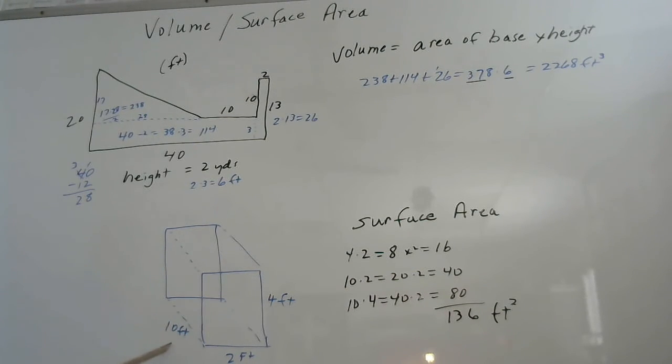Then I went 10 times 2, which is my top and my bottom, which is 20 times 2, which is 40. Then I went 4 times 10, which is these 2 sides here, which is 40 times 2 is 80. I added those together, 16, 40, and 80, and I came up with 136 feet squared for the total surface area of this shape. So that's how you're going to do volume and surface area.